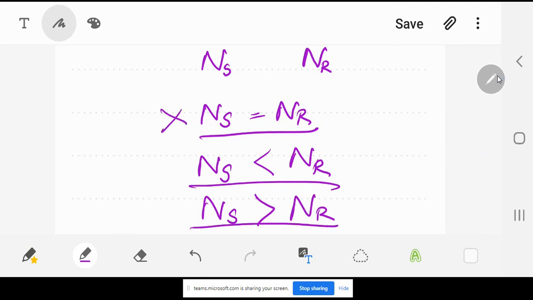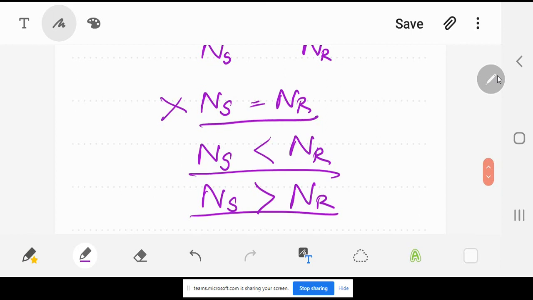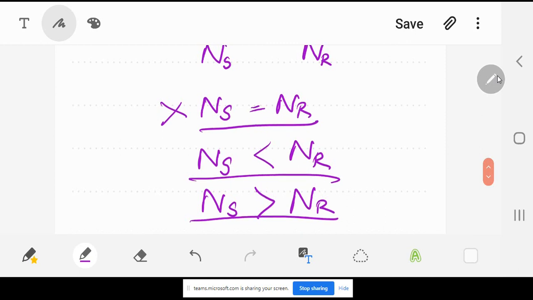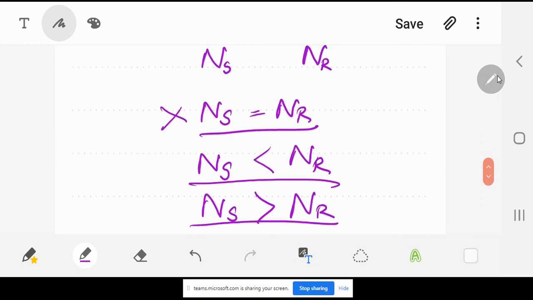Why? Because if ns is equal to nr, this means there is no relative motion between the stator magnetic field and the rotor windings which are moving. So practically the rotor winding will not feel any motion, and you are not going to have any relative velocity term.